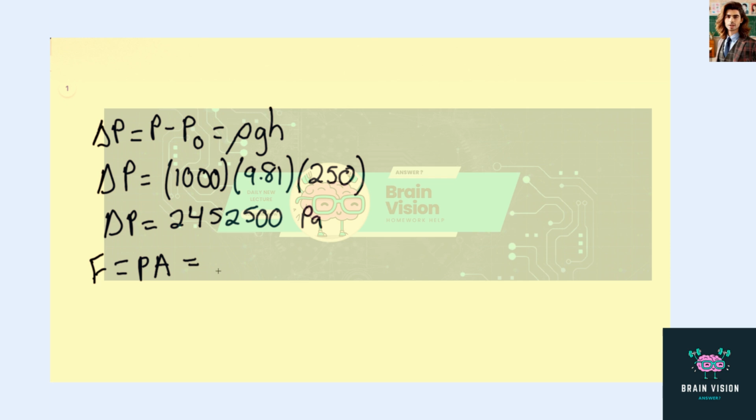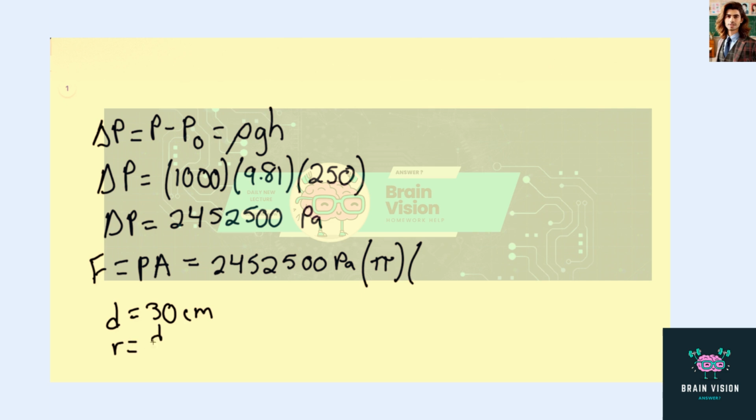Here it's going to be 2,452,500 pascals times pi times the radius squared. And the radius here, we have the diameter of 30 centimeters. So that means that the radius is going to be d over 2, or 0.15 meters.